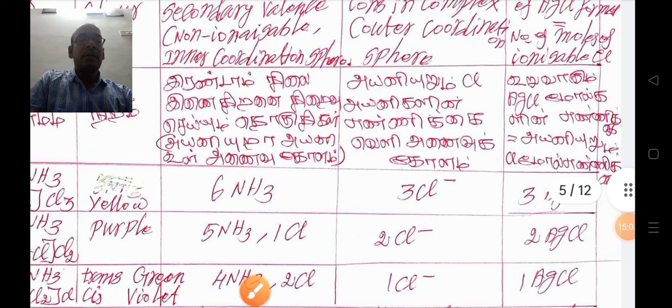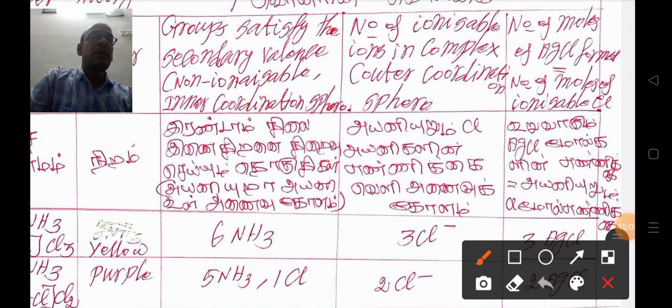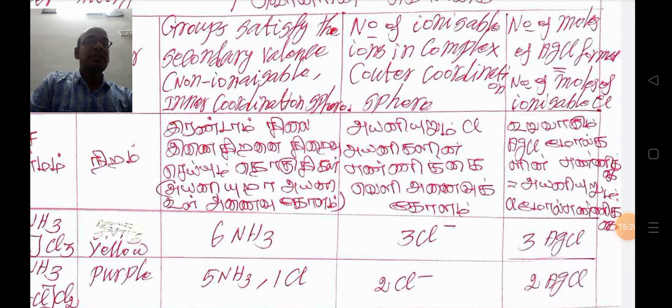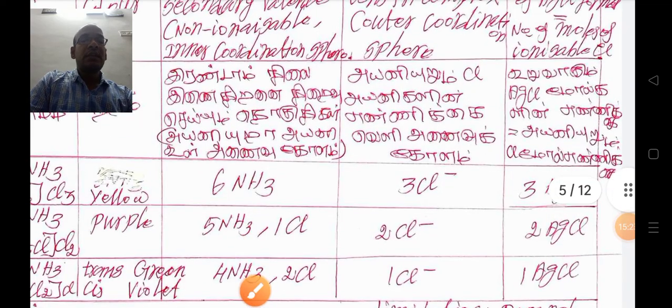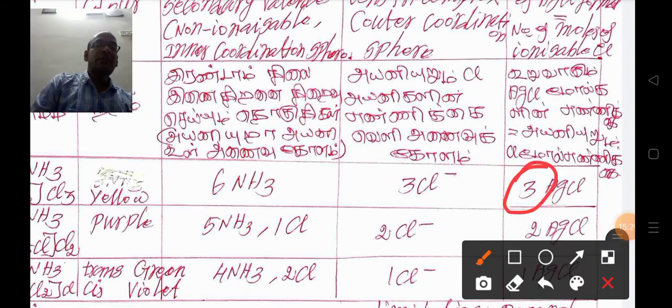Next, the number of moles of AgCl formed is the number of moles of ionizable ions. Based on this concept, book problems are given. In the problem only these points are given. From this we solve the question.